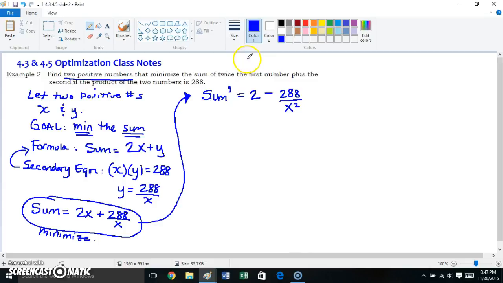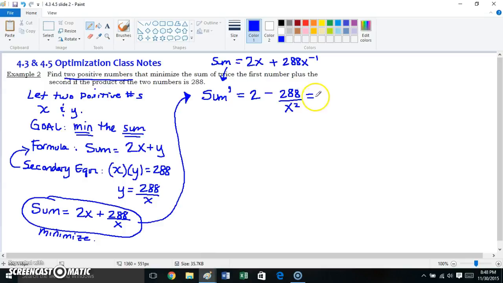Just to refresh, I could call my sum 2x plus 288 x to the negative 1. Therefore, the sum derivative is 2 minus 288 over x squared.